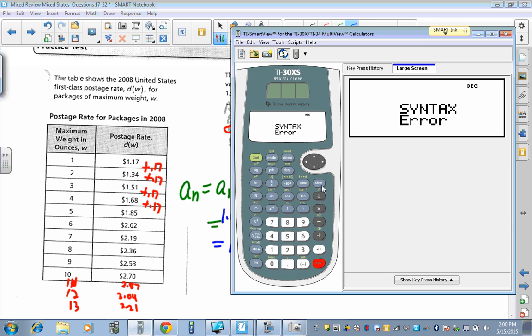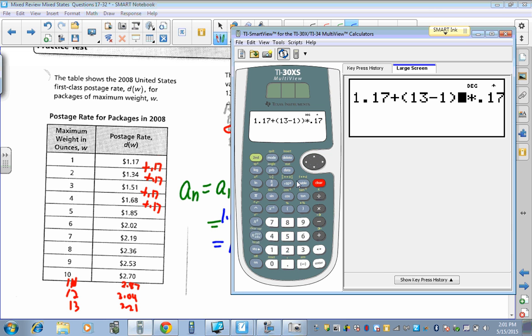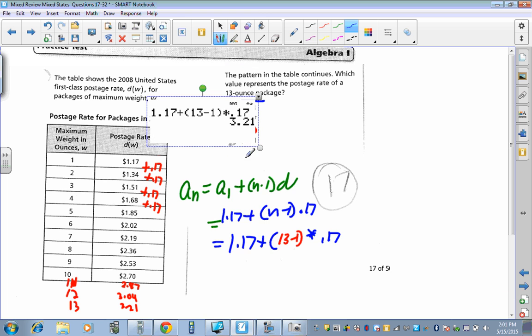Press enter, and I've got an error. Extra parentheses. Okay, so let's delete that parenthesis, press enter. All right, and we get 321.